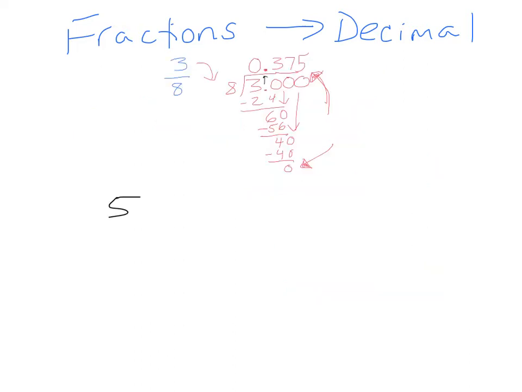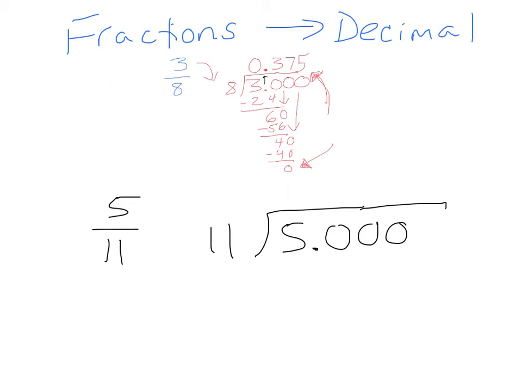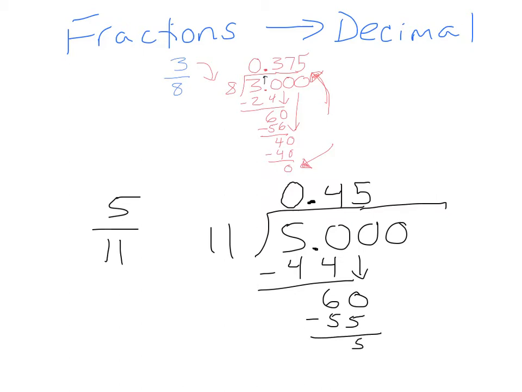Sometimes you'll find yourself alone in the woods and you run into something like this, though, where you've got 5 being divided by 11. Well, 5 is really 5.000 forever, and you're looking for something that goes into 5, but 11 can't, so you put a 0 there, bring up that decimal, and you ask yourself how many 11s can go into 50, and it's 4. When you do that, you're going to be left over with a 6, and you look and see, well, I guess it's 5 that goes in, and we've got 55, and you're back to where there's a 50.